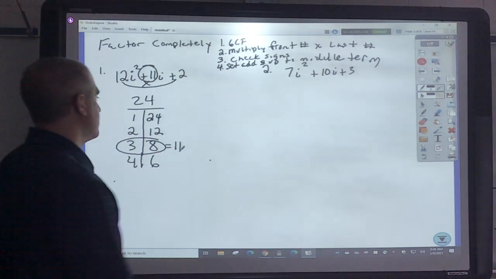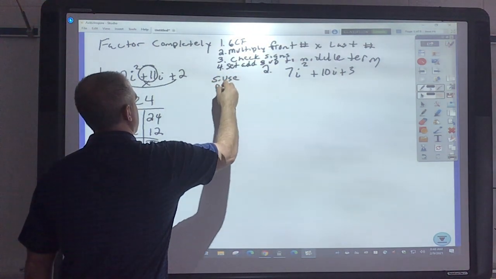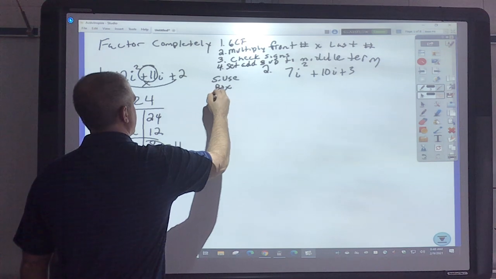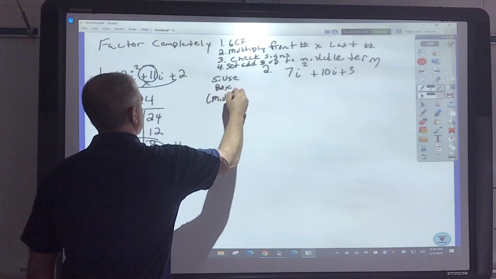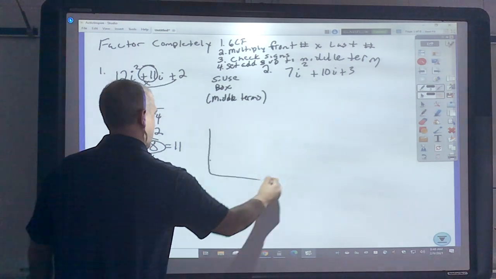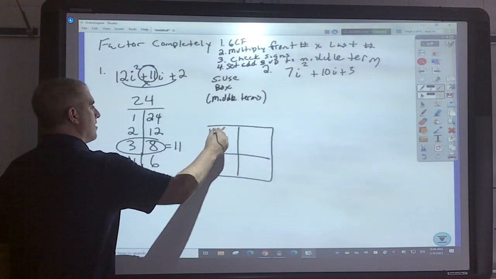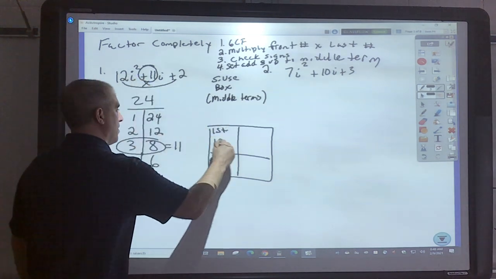Now what you're going to do is use the box. Those terms are the middle terms. Let me explain. I've got my box. My first term goes here, and that doesn't change, 12i squared.